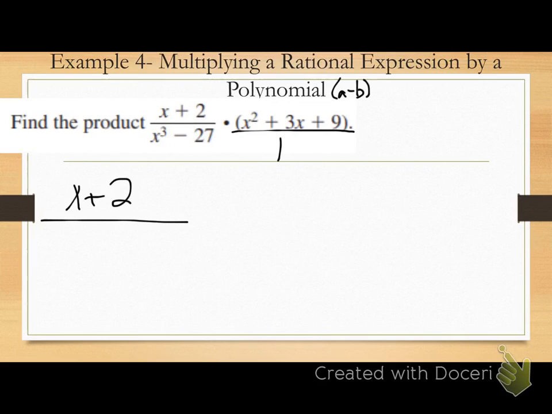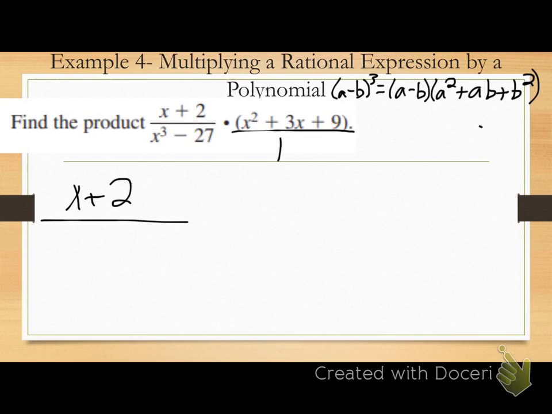A minus b cubed equals a minus b times a squared plus ab plus b squared. Let me make sure I have that formula written correctly. I believe I do. Yes. Okay.